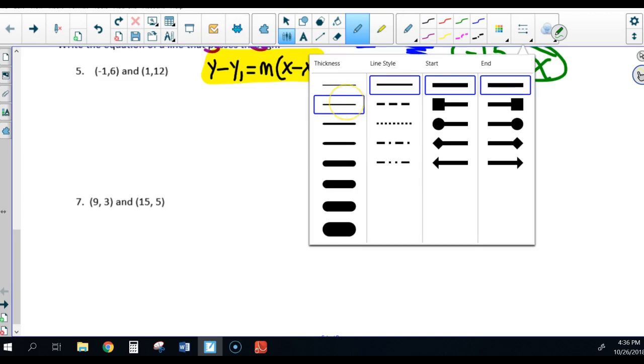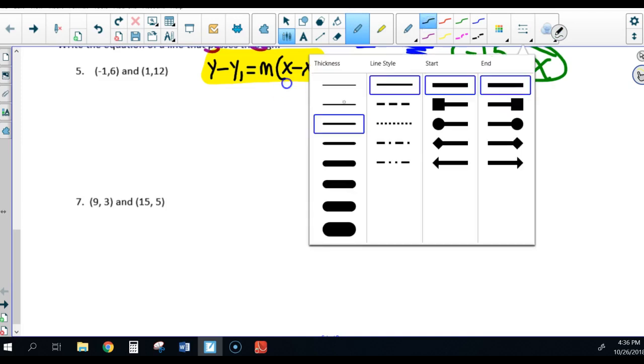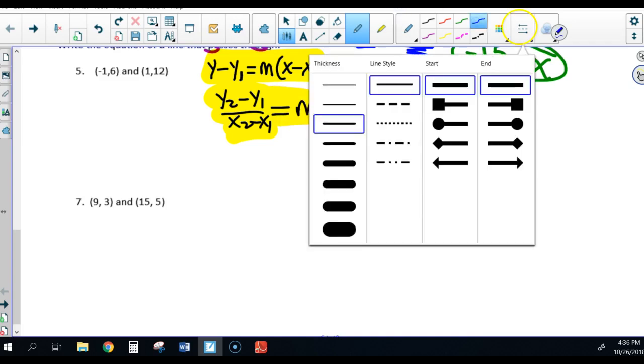So I'm going to use the slope formula, which you also might need, which is y2 minus y1 over x2 minus x1. That's the slope formula, equals m. Those are the two red posters. So if you know those two, you're good. Find the slope first using the slope formula.